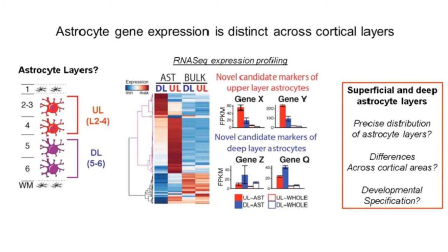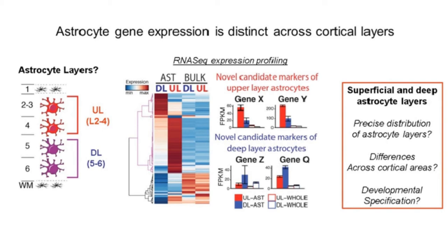For example, are there only two superficial and deep astrocyte layers? What is the actual precise distribution of astrocyte layering through the cortex? In addition to layer differences, are astrocytes distinct across cortical areas? And if astrocytes are indeed distinct across layers, how does this astrocyte heterogeneity come about during brain development?